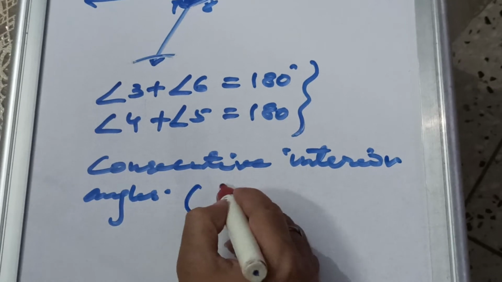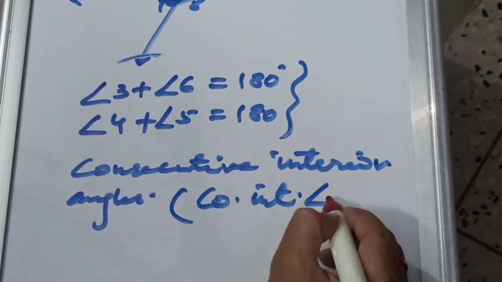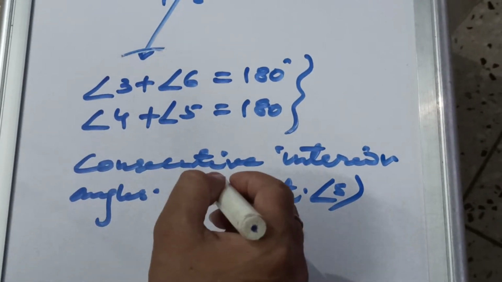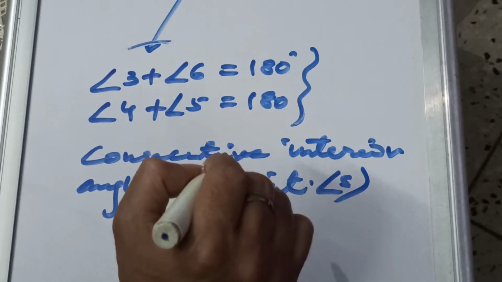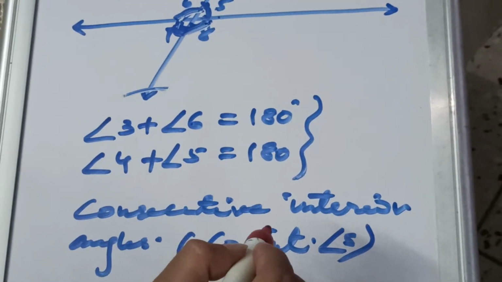Short form, angle or S we can write. Consecutive interior angle. It is known as allied angle. It is also known as supplementary angles.